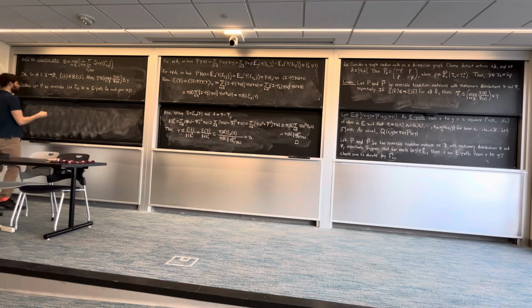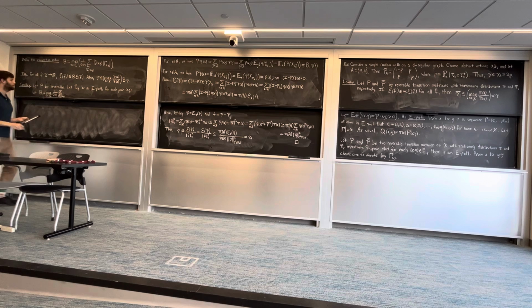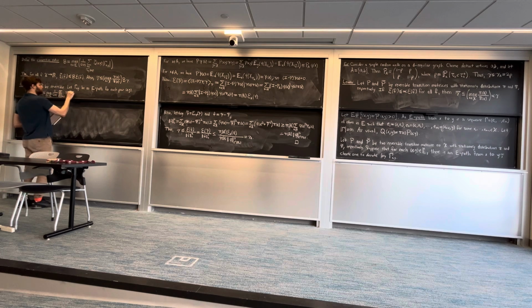And let B, which ends up being the congestion ratio, be the max over edges E of 1 over Q of E, sum over x and y such that gamma xy contains E of pi of x, pi of y, size of gamma xy.